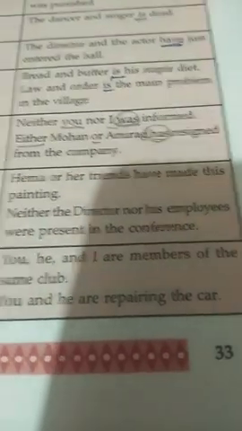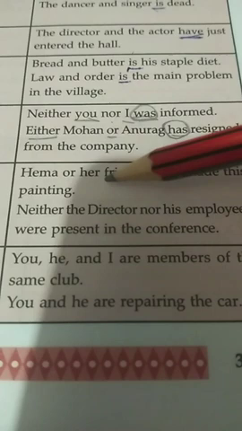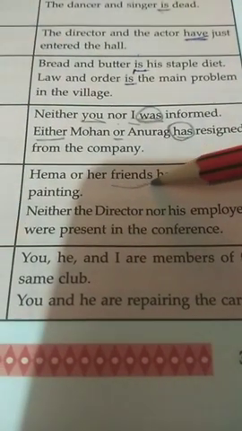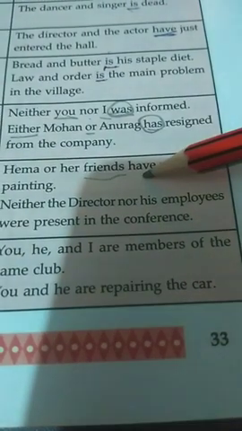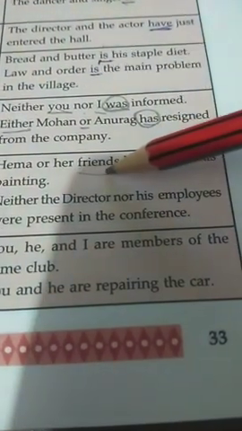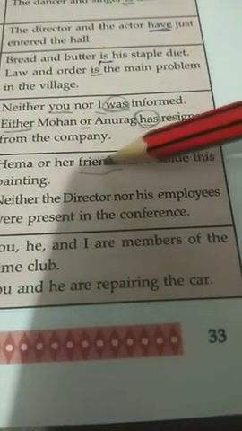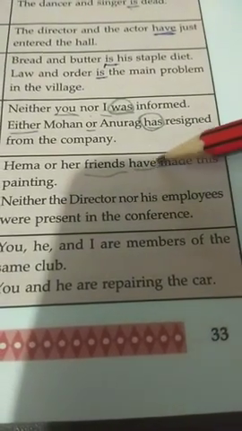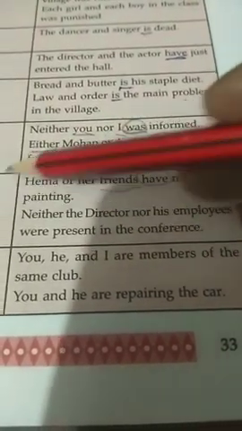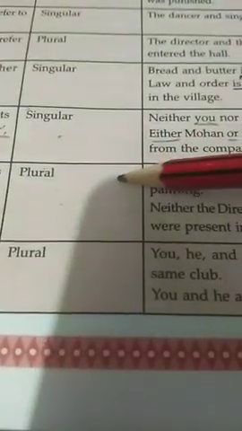Here, which is the plural subject? The plural subject here is friends. It comes nearest to the verb. Here is the verb. The verb is plural in form.